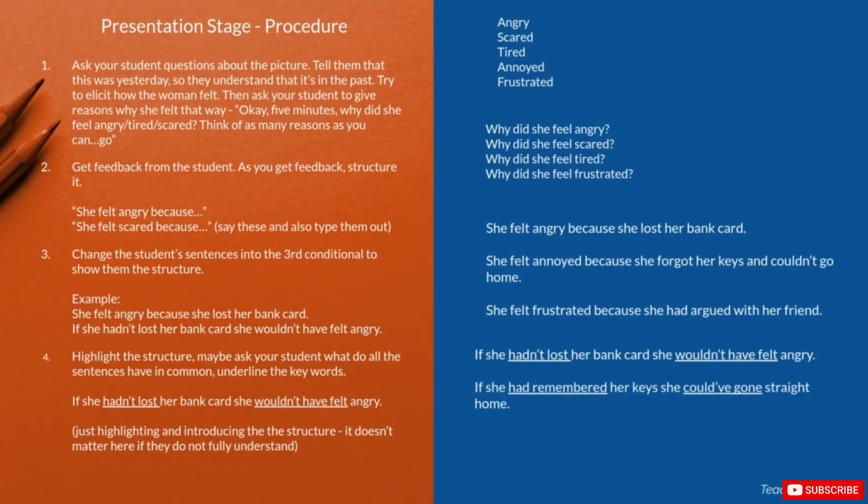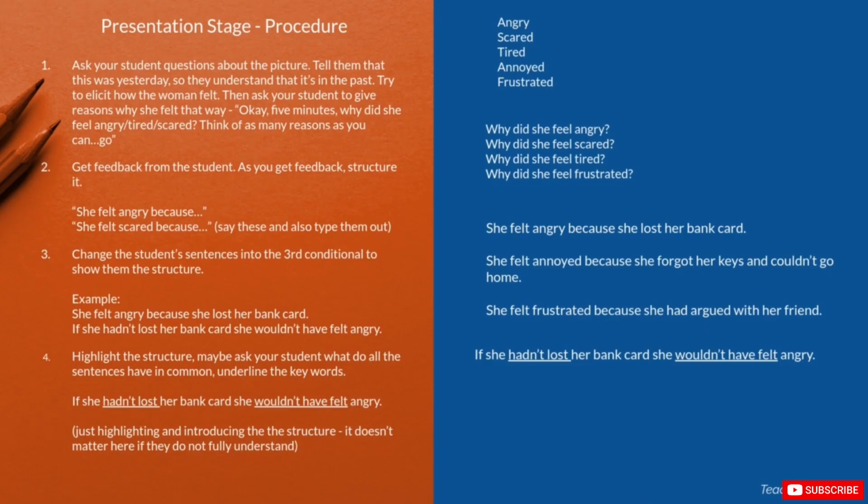And here, because we have forgot in the original sentence and remembered, you know what I would do here? I'd try to elicit this. She felt annoyed because she forgot her keys and couldn't go home. Forgot. Forget. What's the opposite of forget? Hot, cold, black, white, tall, short.